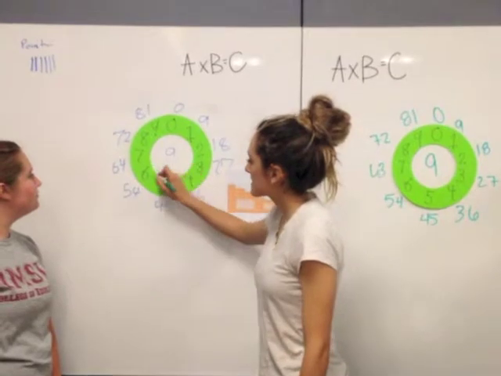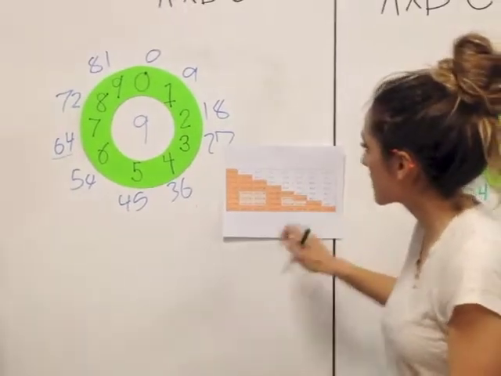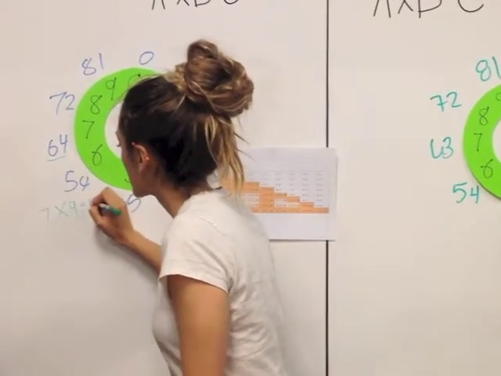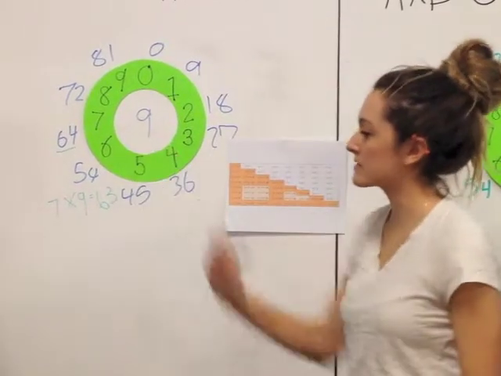Here we have 9 times 7, and this is actually incorrect, but using our chart, we can do 7 times 9, and it'll equal 63. And we use the commutative property to flip the numbers.